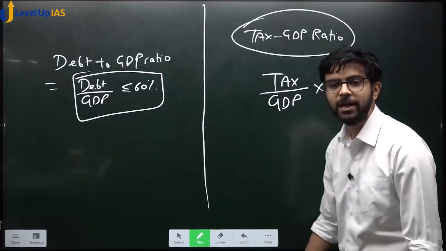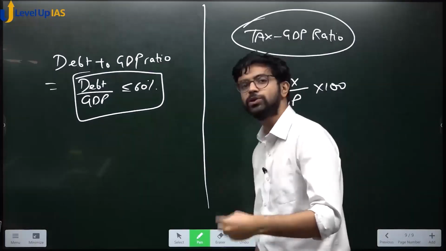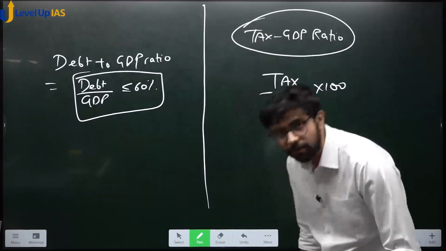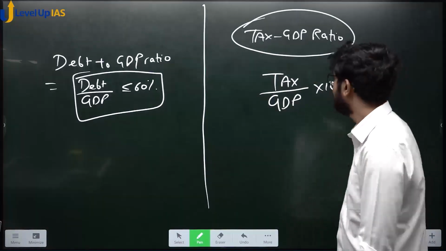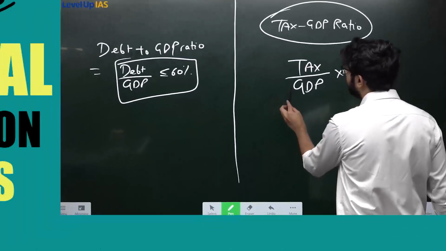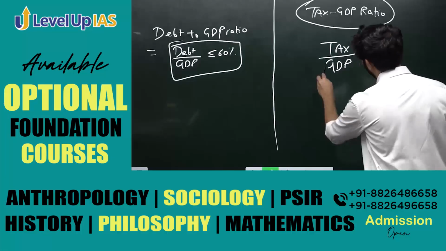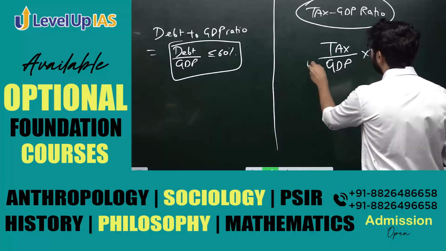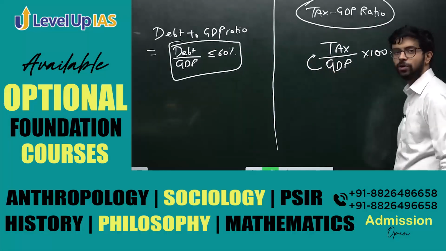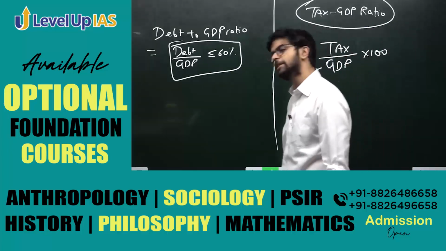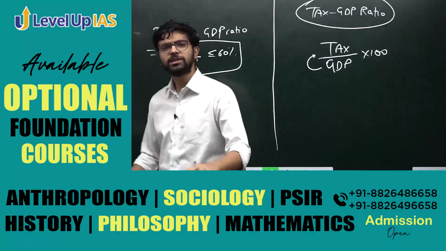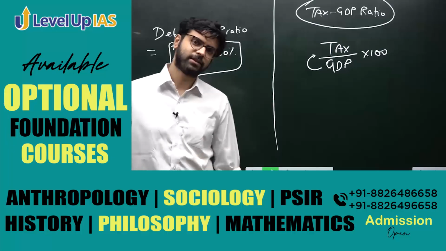Now you tell me, when it is a low tax to GDP ratio, what does it mean? What does a low tax to GDP ratio mean? It means either your GDP is very high and it is not resulting in commensurate collection of tax, yes or no? GDP is increasing, GDP is high, but not resulting in a commensurate increase in tax.